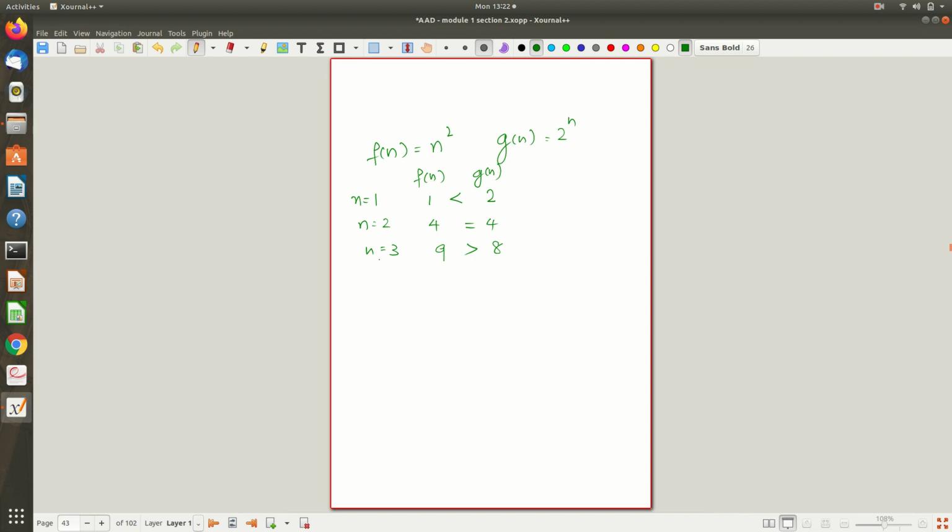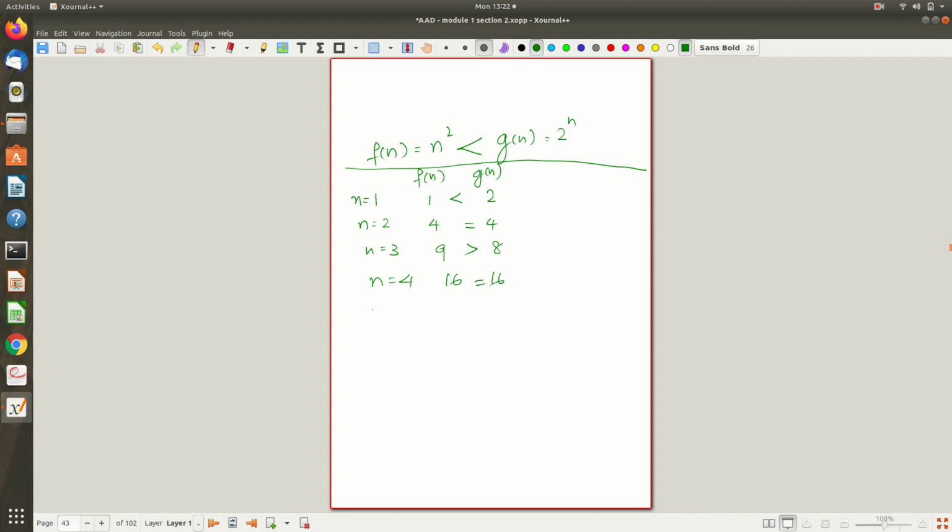If somebody tries this way, because you already know this one is bigger, you may assume some bigger value of n, then it is okay, because that is the correct way to do this analysis. But we are establishing this with the assumption that we don't know, so we try different values. When n is equal to 4, you get 16 and 16.